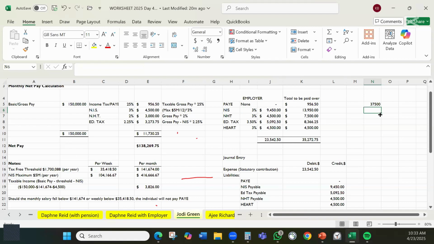Because when it gets to the end of the year, as an employee or an entrepreneur doing your tax returns, you also need to know that it's not going to be just the 1.7. It is going to be a combination, like an average, as we had worked out in our previous example. Even though we were at 1.7, we had to use an average of 1.65 because the tax year is different from the calendar year.